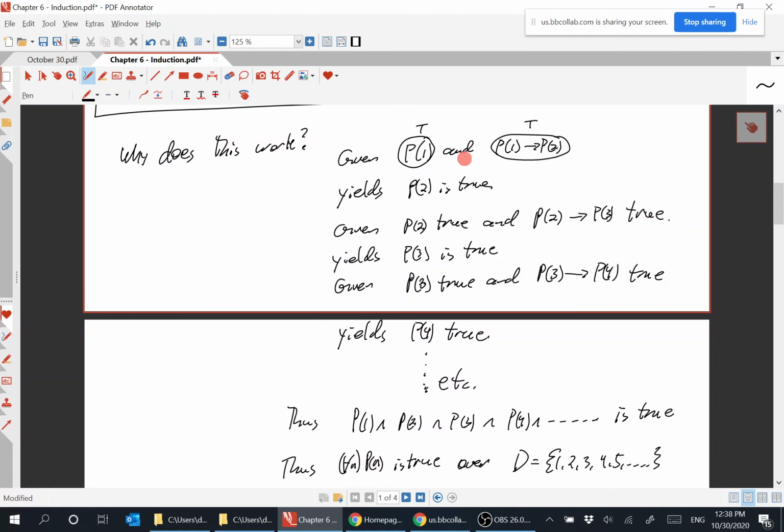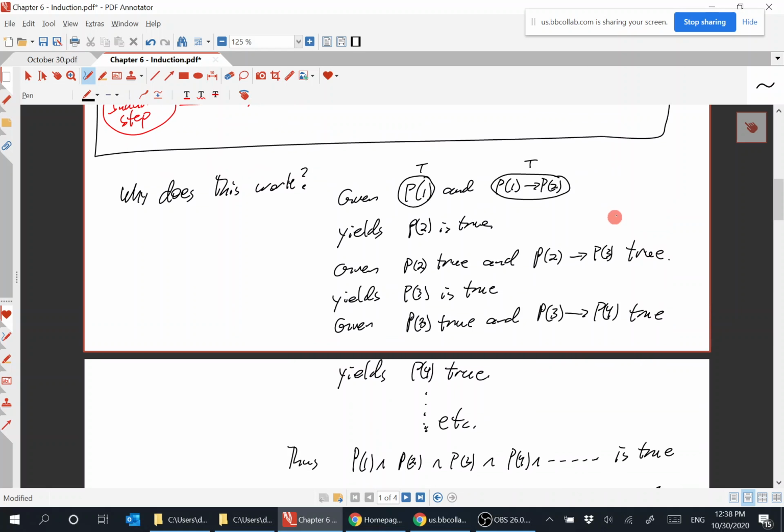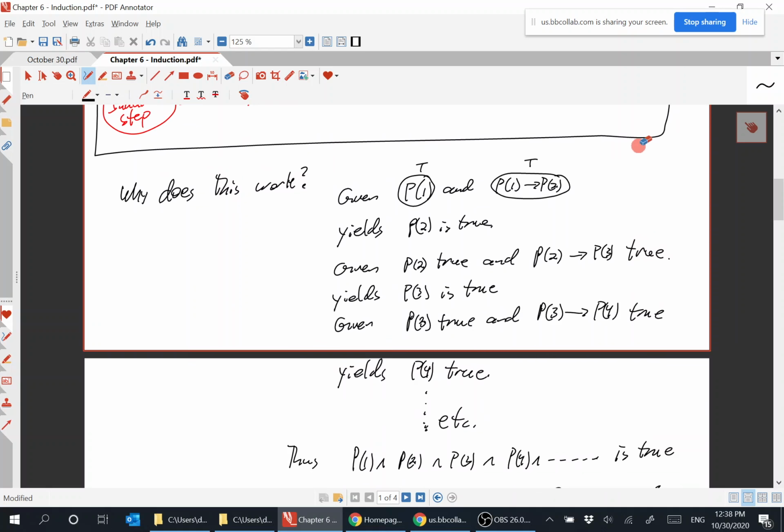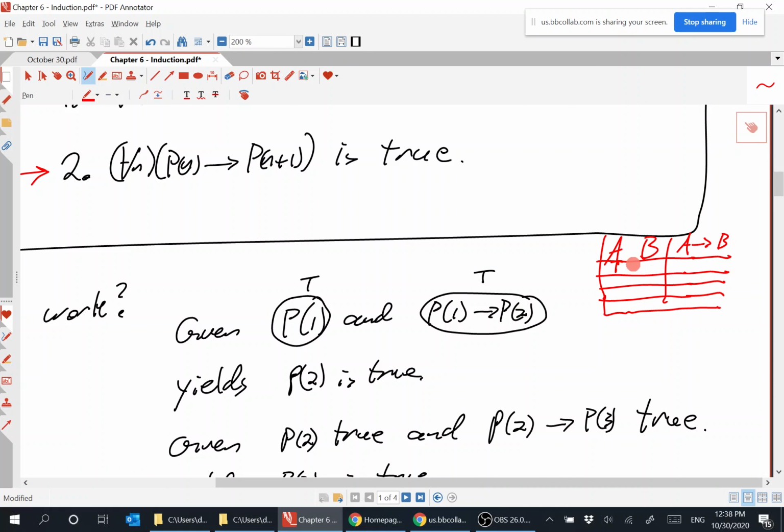Because given that P1 is true, and P1 implies P2, well, by the truth table for implication, A and B: true, true, false, false; true, false, true, false.